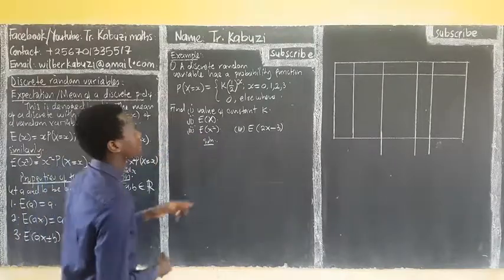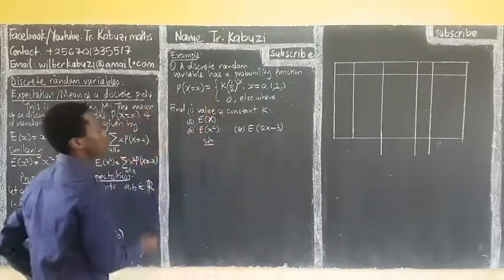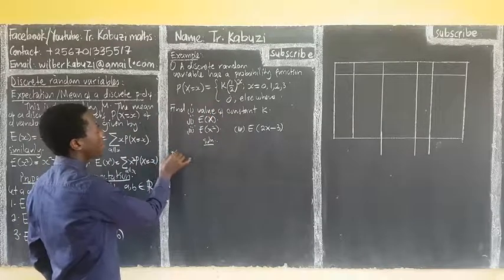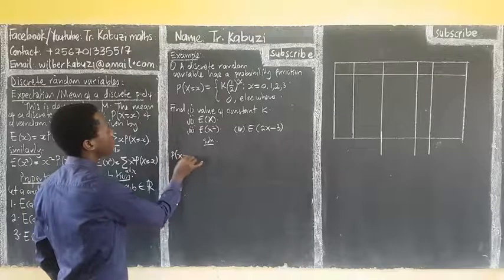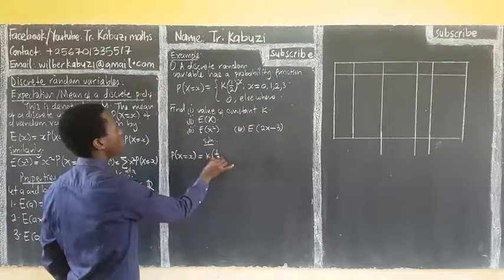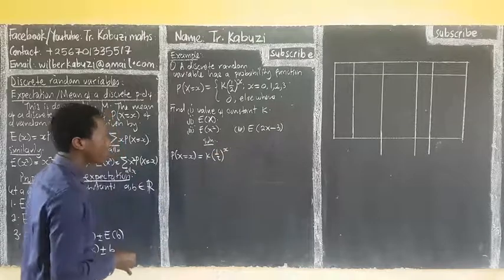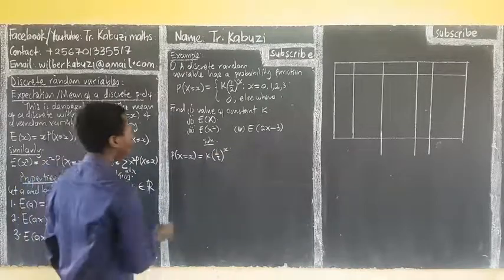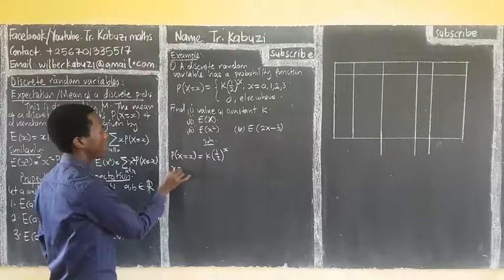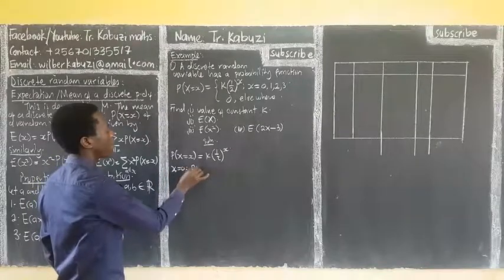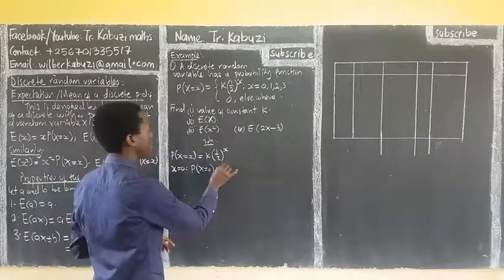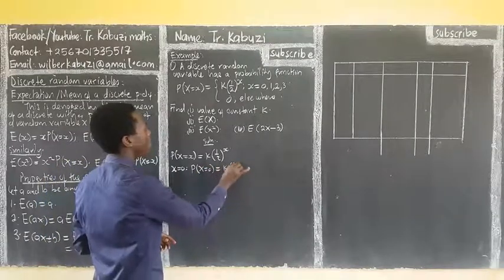So we first get the probabilities of these individual values. Our probability of x is given by k into 1 over 2 power x. When small x is 0, we have P(X=0) equal to k times half power 0.